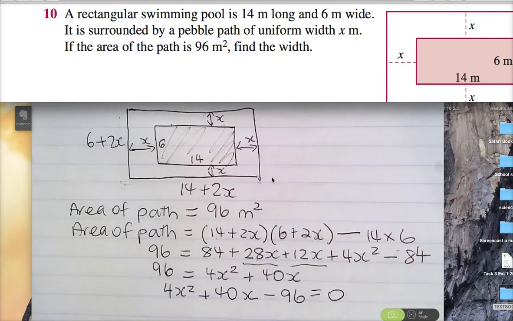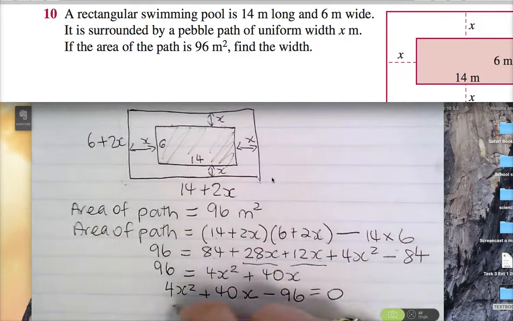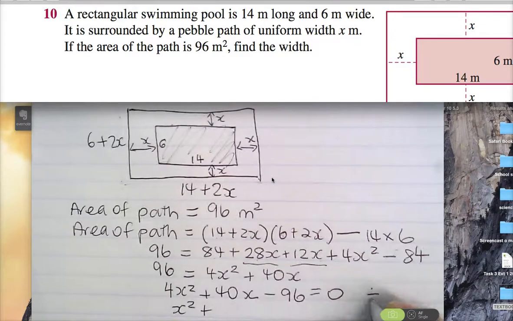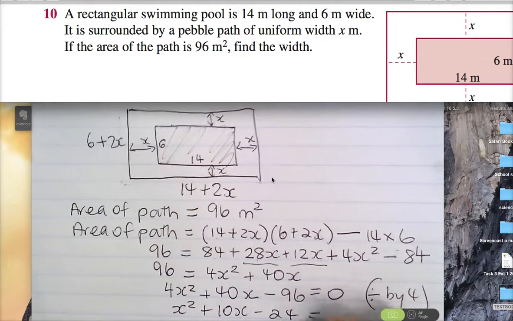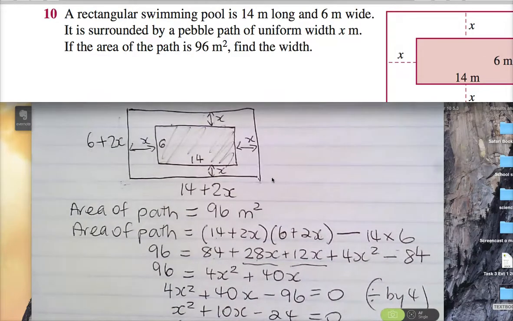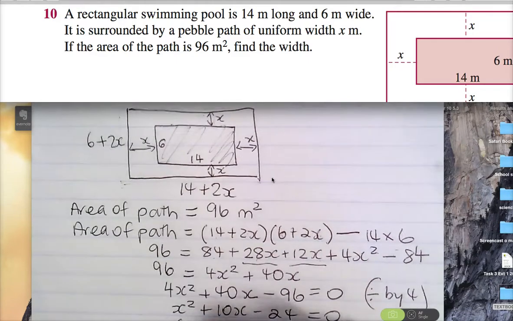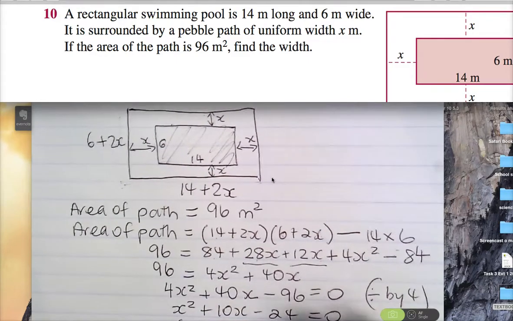And girls, if 100 divided by 4 is 25, what's 96 divided by 4? 24. So this would be x squared plus 10x minus 24, dividing through by 4. Factors of 24 that add up to 10? 12 and 2. There are more 12s than 2s, so it's plus 12 and minus 2.